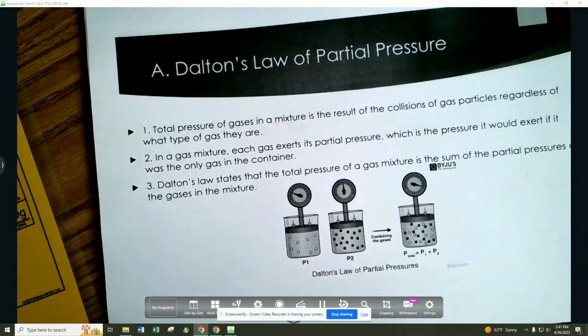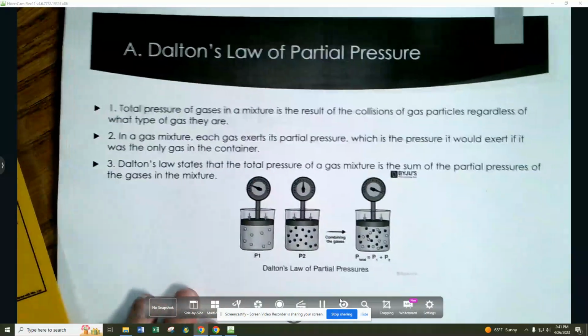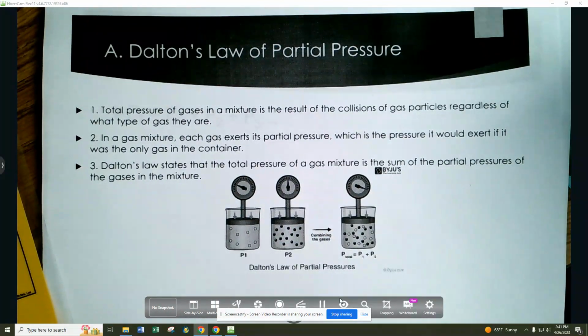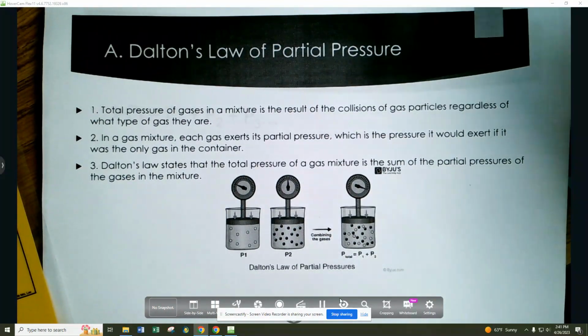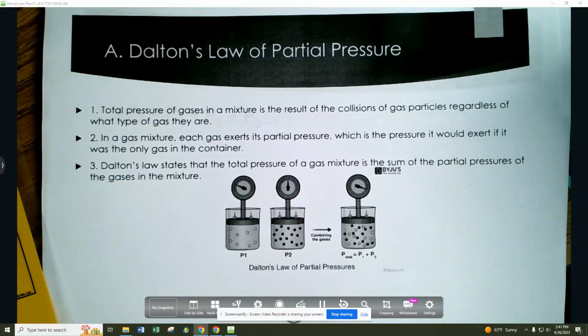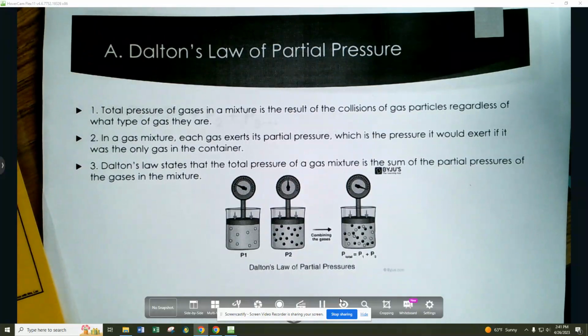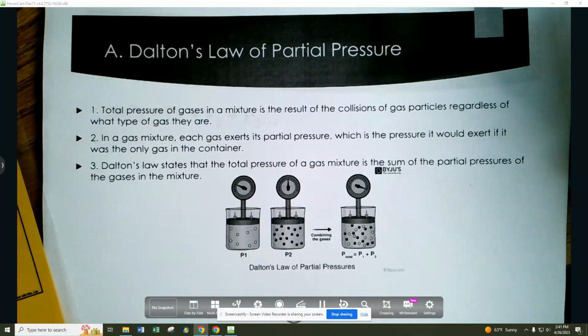So the first thing we're going to look at is Dalton's law of partial pressure. This first equation is not anything groundbreaking. When we look at the total pressure of a gas that is a mixture, like scuba tanks, for example, or as you exhale into a balloon, we say it's carbon dioxide, but really there's other things in there besides just carbon dioxide. What we're saying is that the pressures of the individual types of gases combine into one net or total pressure.